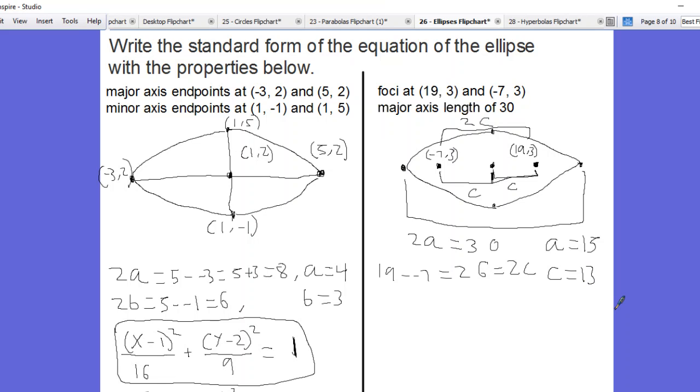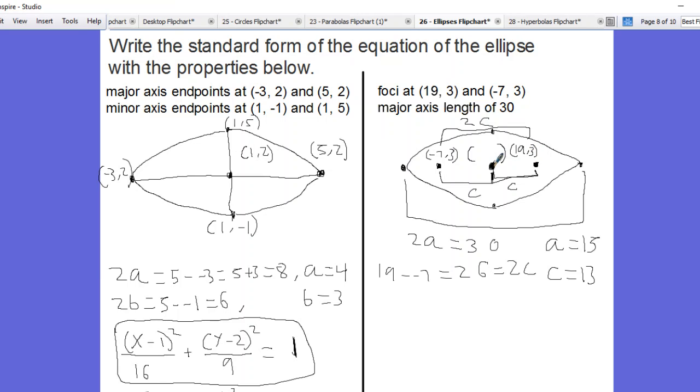If c is equal to 13, what's the x coordinate of the center? The x coordinate of this focus is 19, so this focus is at (19, 3).